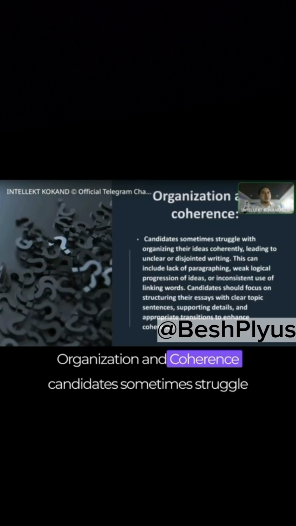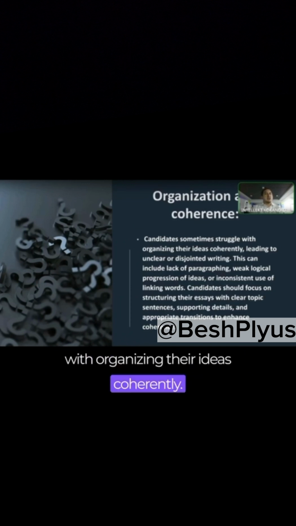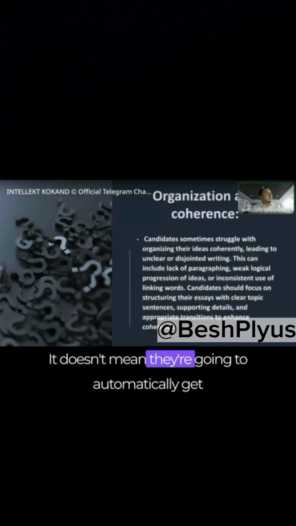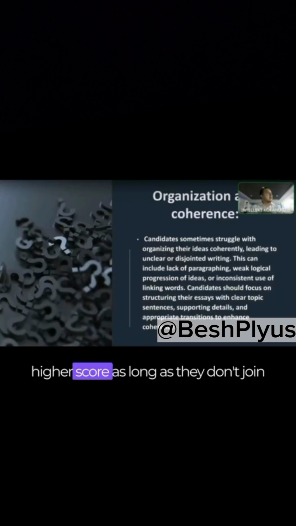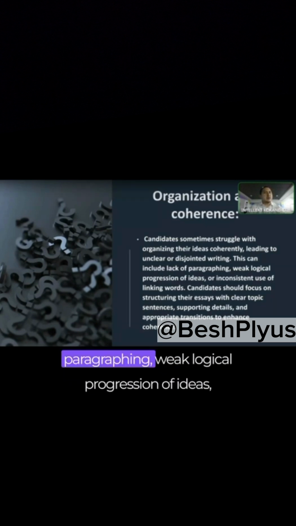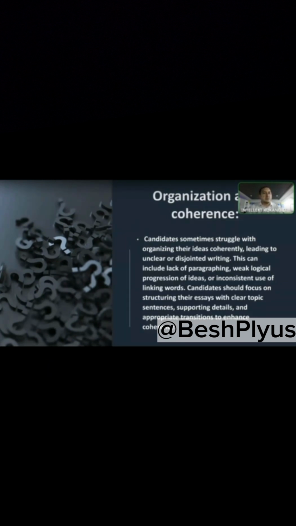Organization and coherence. Candidates sometimes struggle with organizing their ideas coherently. Even though they have answered the question fully, it doesn't mean they're automatically going to get a higher score, as long as they don't join their ideas together in a clear and understandable manner. This can include lack of paragraphing, weak logical progression of ideas, or inconsistent use of linking words.